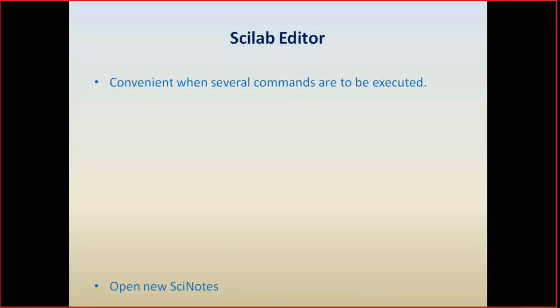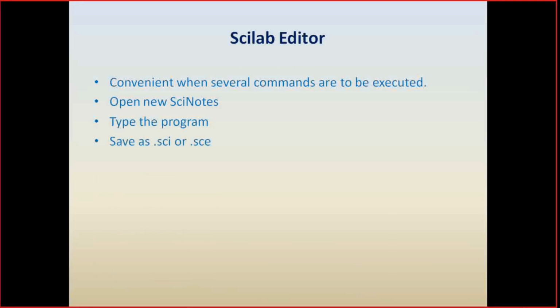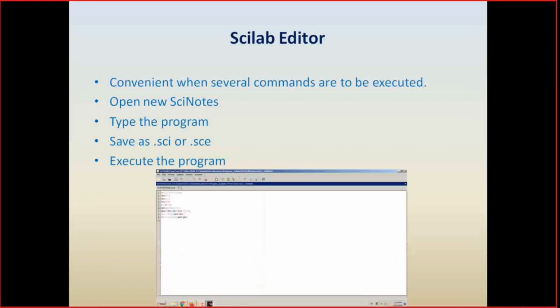Next one, Scilab editor. If you want to execute several commands, then we can go for the Scilab editor, for which you have to open a new Scilab. You can type the program, you can save the program, then you execute the program. The Scilab editor window will be like this.